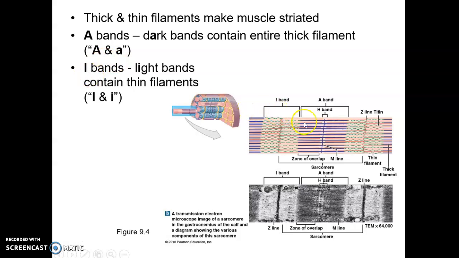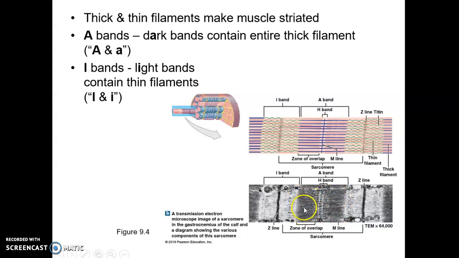Now the I band, as you see here, is the region of only thin filaments, and it's lighter in color. So think I band and the I in light. So this is lighter in color here, the I band, because it only has thin filaments. This is darker in color, the A band, because it has thick filaments.